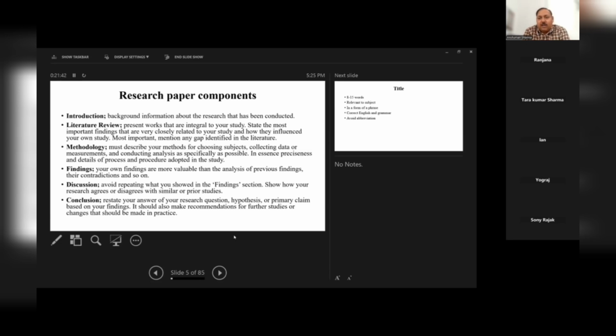Now it's not enough to say hypothesis number 5 is rejected. This is not the quality of writing. Hypothesis number 5 is rejected, and you have to say that previous studies 1, 2, 3 found that this hypothesis was supported. However, another 1 or 2 studies found that the hypothesis was rejected.